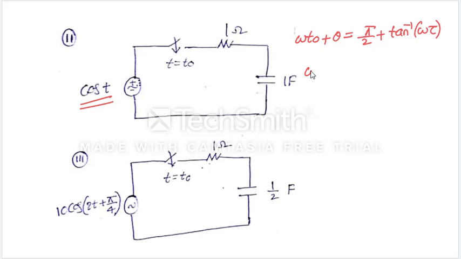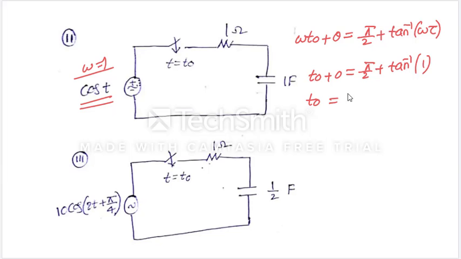Omega is directly given here as 1. So t naught plus theta 0 is equal to pi by 2 plus tan inverse of omega tau, where omega is 1 and tau is RC, which is 1.